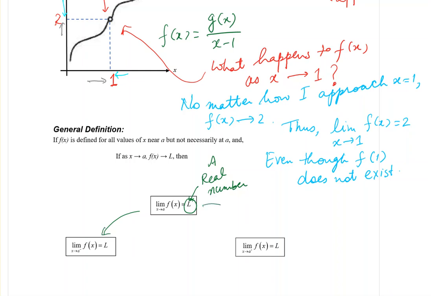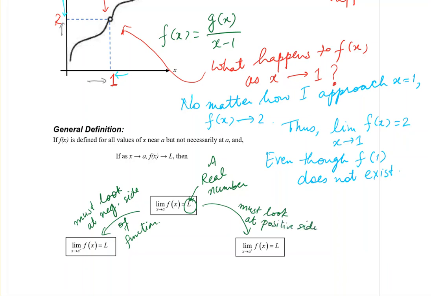And we must look at the positive side of the function near x and see what the value of the function is. So you should look at both sides: the negative side of the function, and the positive side of the function.